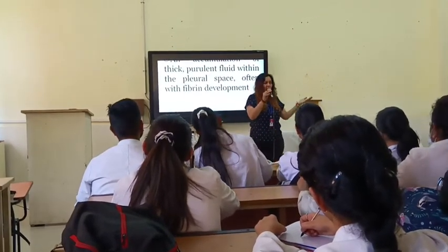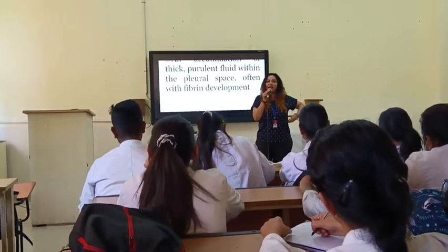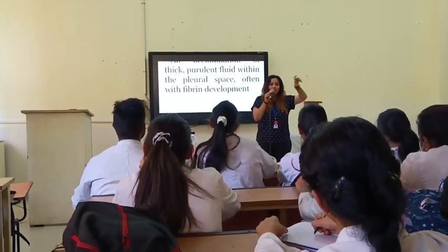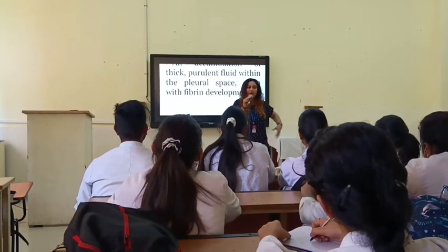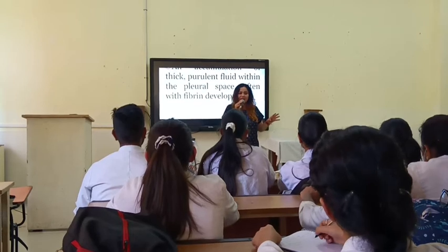You all go to the ICUs, so you must have seen many patients with intercostal drains, tubes to discharge the blood or the pus from the pleural space. Have you seen that?